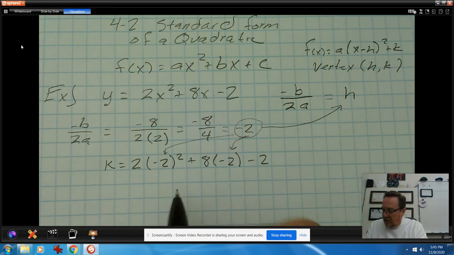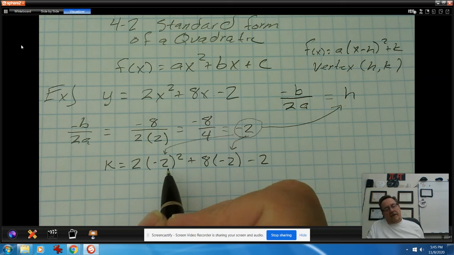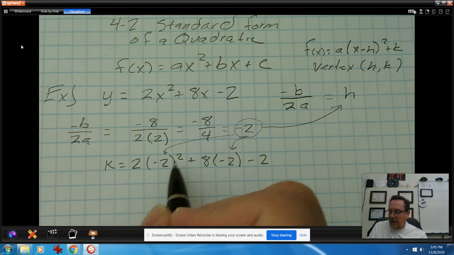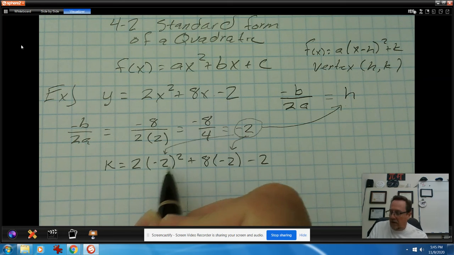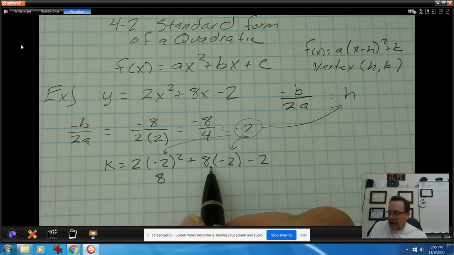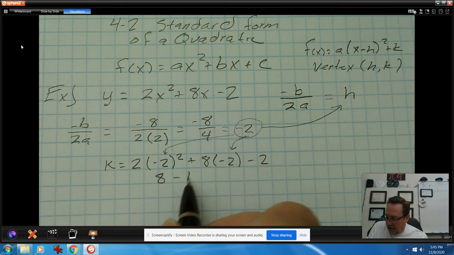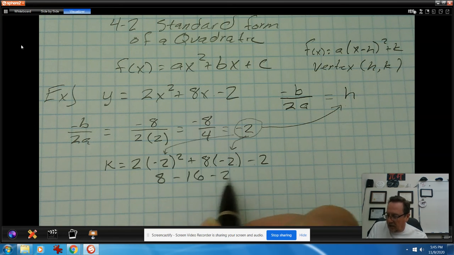So let's do this. Negative 2 squared is 4. It's not negative 4. I've tried to tell people that for years. When you square a negative, you get a positive. So anyways, if I take a negative 2 and square it, I get a positive 4 times 2 is 8. Then I take 8 times negative 2, and that's a negative 16. So this is 8 minus 16, and then I'm still subtracting 2.